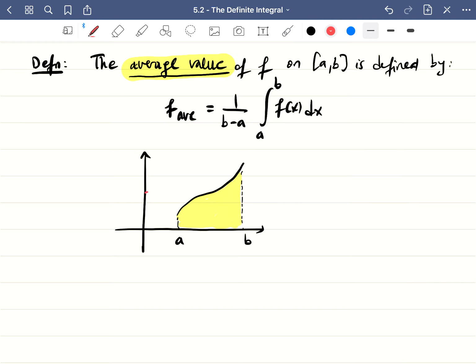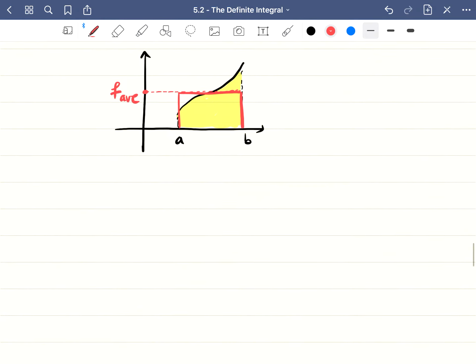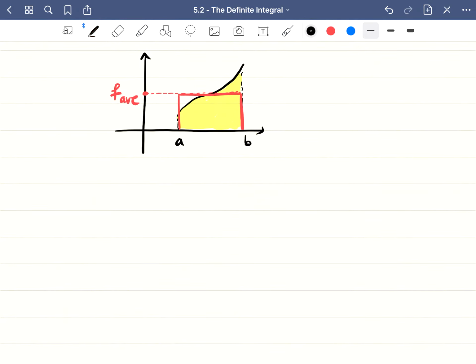So this red box has the same area as the yellow region. So this value here is the average value, which is the height of this box. So let's do one example. I hope this is clear.